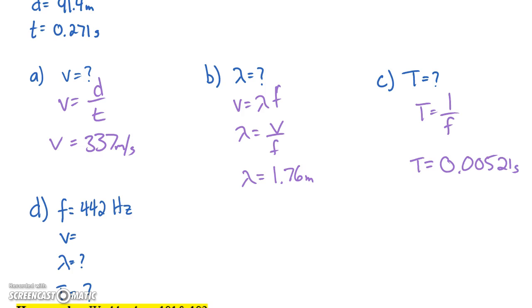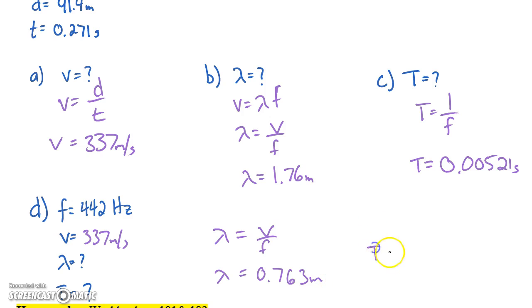Now if we change that to 442 hertz, a few things would change, but some things would not. Most importantly, changing the frequency does not change the speed of the wave. So a sound wave in air would still have the same speed, which is 337 meters per second. So we can calculate lambda, the same as we did in part B, using v over f, but with our new f, lambda in this case would actually be 0.763 meters.